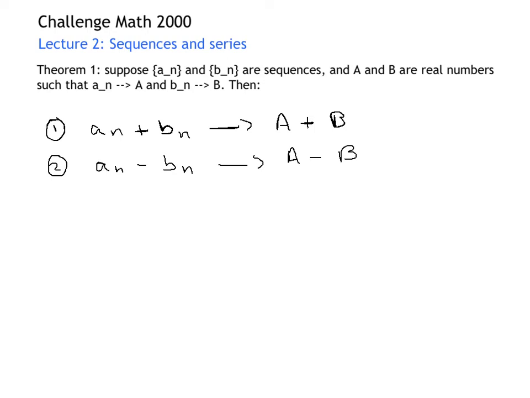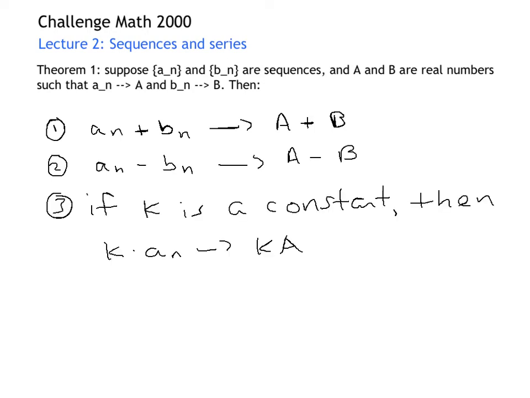The next part involves multiplication by a constant. It basically says that if you multiply every term of the sequence by a constant, then the new sequence that you get is going to converge to that constant times the limit of the original sequence. Next come multiplication and division.